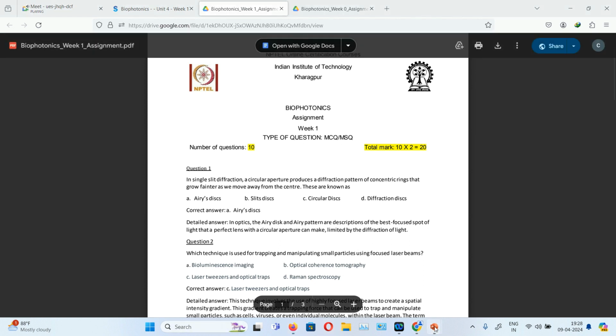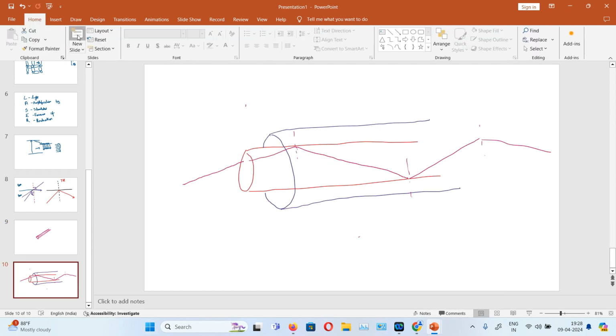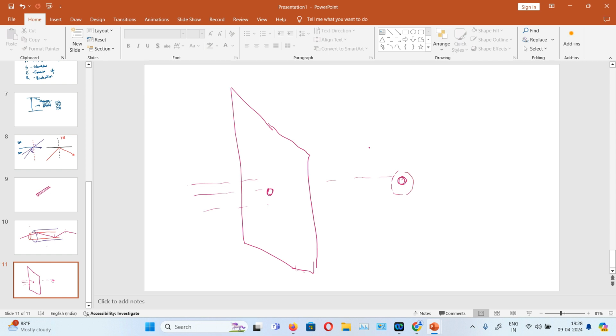In the case of single slit diffraction, we will have an aperture and light is passing through it. You will see a light on the screen, but in the geometric shadow region also you will see some ring kind of thing.